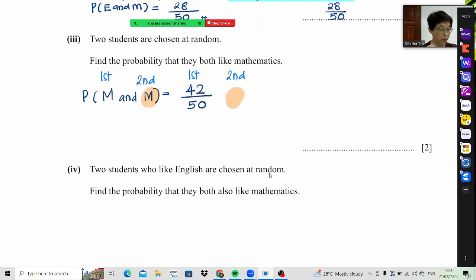Now using the logic, out of that 50, after you have picked and you set the student on one side, he or she does not join back to the crowd, so now the crowd has only 49 students left. Got it? Okay, so now how about mathematics?